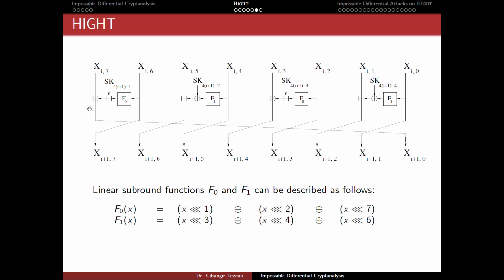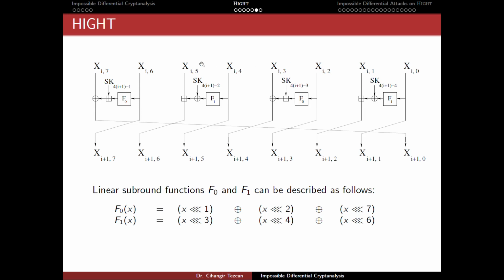So half of the bytes are not affected during a single round. For this reason, for Feistel ciphers, we actually get one round for free when we are searching for differentials.